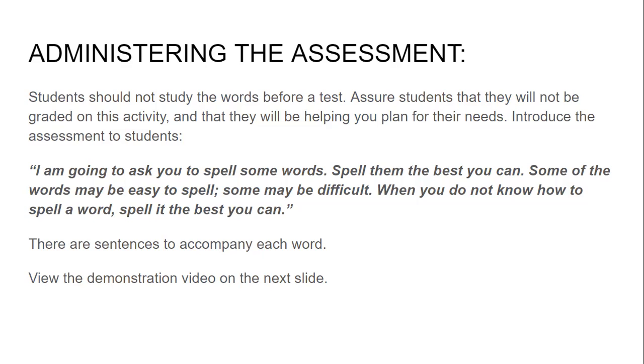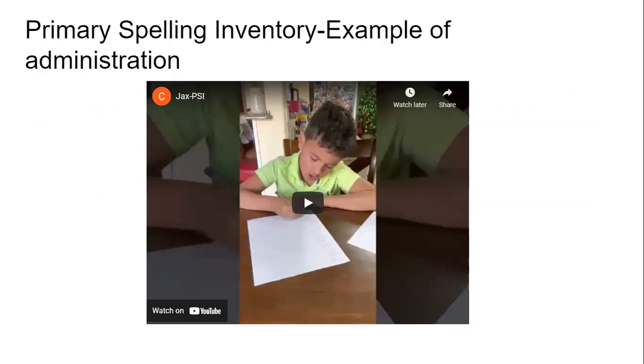Your next step here is to actually view a demonstration, and this way you hear what it sounds like. You see Jackson here doing an example for you of the primary spelling inventory. So right now, go to your PowerPoint that you have opened and click on the link on this slide, view the example, and then come back to the video to continue learning about it.